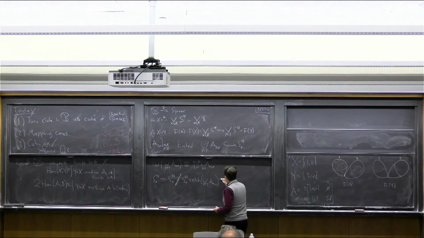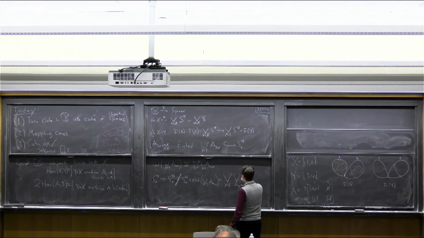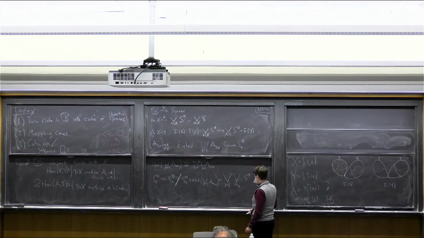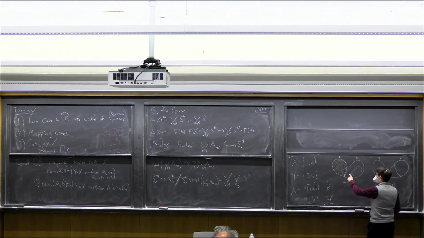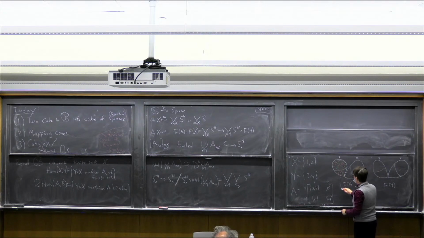That is just the wedge sum over y in Y, the wedge sum over A_yx of Sn. Almost, yeah. So right, I've got one copy of one. So this is now mapped to 3 spheres.